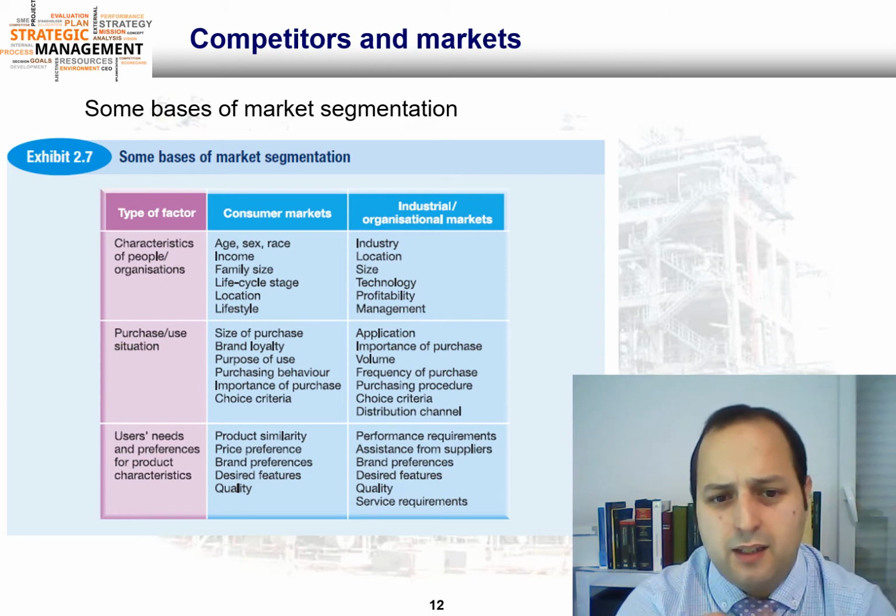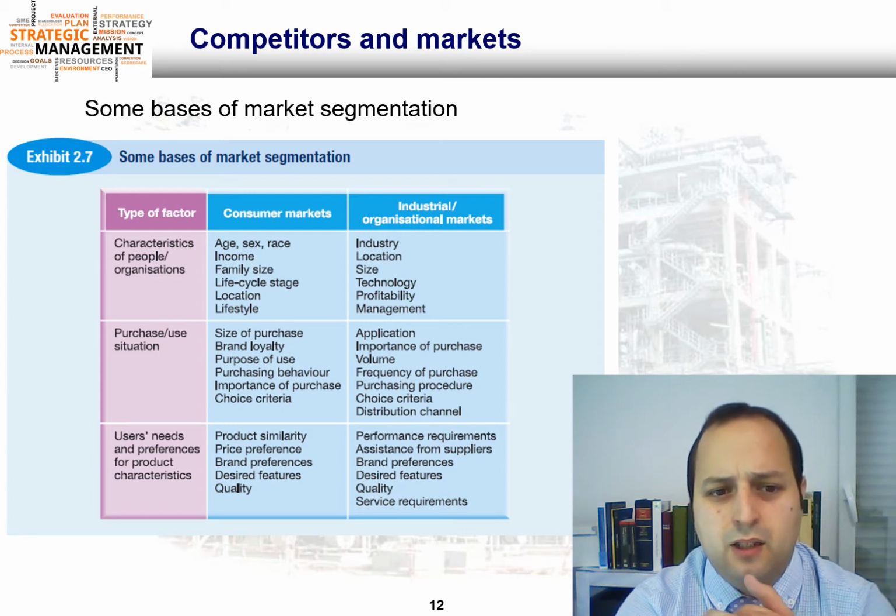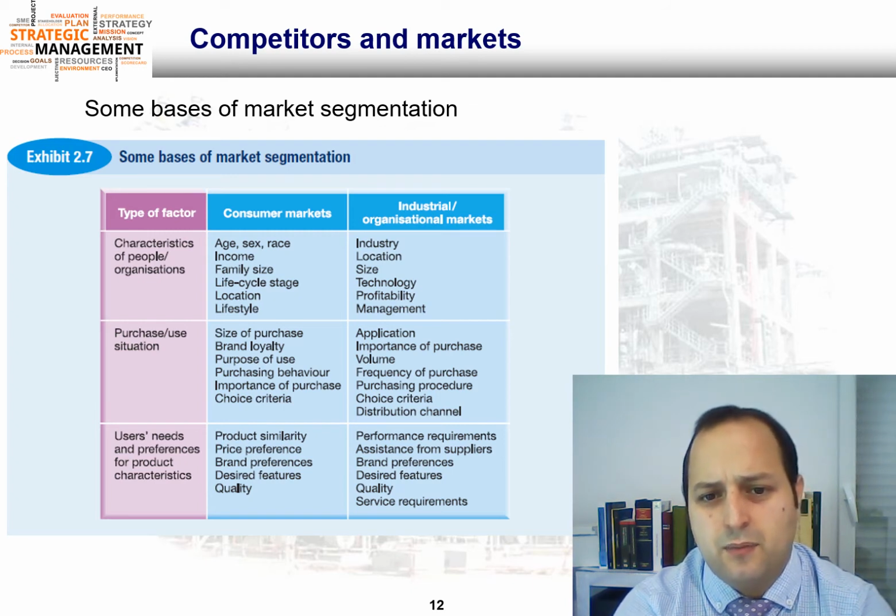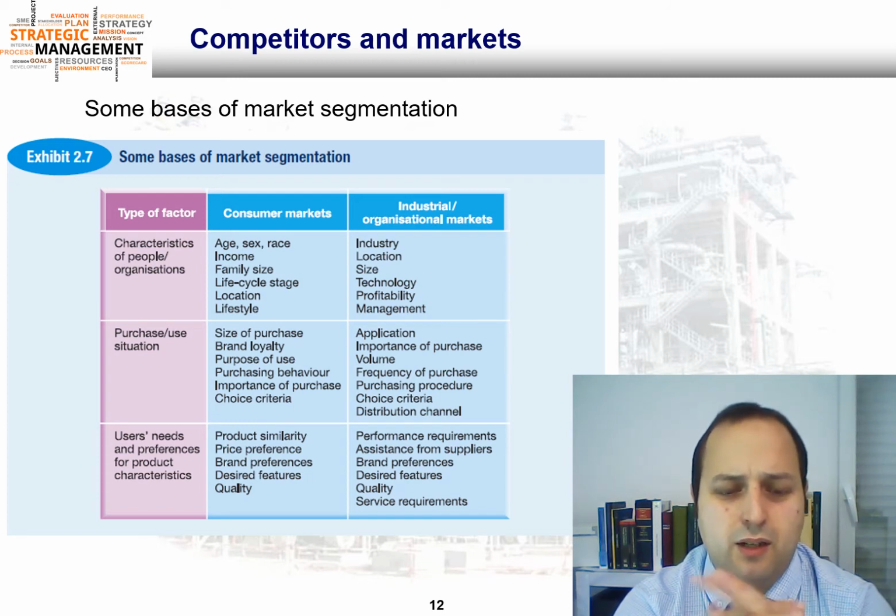Here you can find just a general basis of market segmentation, for example, depending on the characteristics of people or organizations: age, sex, race, income, family size, etc. Depending on the industrial organization markets: the industry, location, size. Depending on the purchase user situation: size of purchase, brand loyalty.